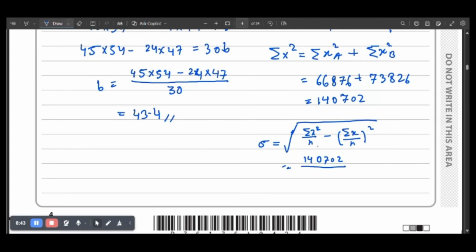So n here equals 54, and minus we already know the mean for the whole combined group, which is 45. So 45 squared, and we will root the whole thing to find the standard deviation.